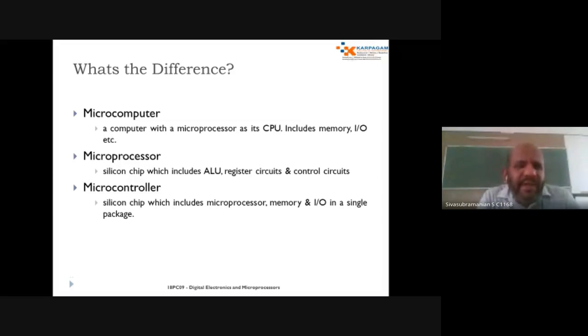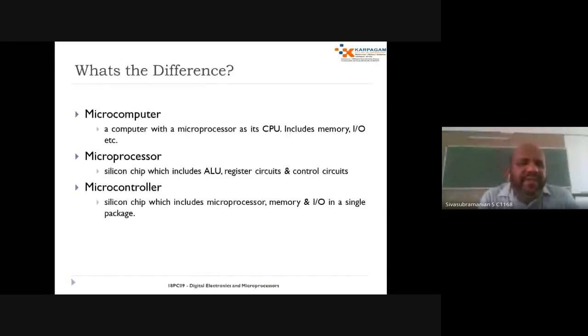Now, having said this, there are three different components available, right? Microcomputer, microprocessor, and microcontroller. What is the difference? The first, a microcomputer, is a computer with a microprocessor as its CPU, and it also has memory and I/O devices added to it. Okay, so that's your microcomputer. Whereas your microprocessor is a single silicon chip, which in turn has an ALU, register circuit, and a control unit.